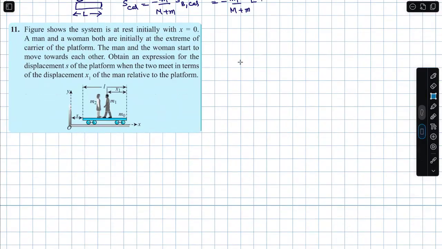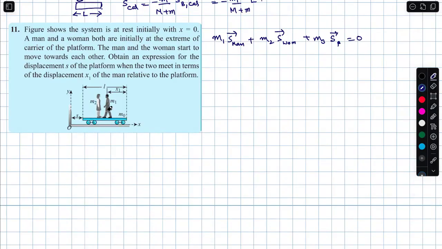Yeah, so one minute, it is very clear. I'll just explain. M1 times displacement of man, M2 times displacement of woman, M3 times displacement of the platform is equal to 0.